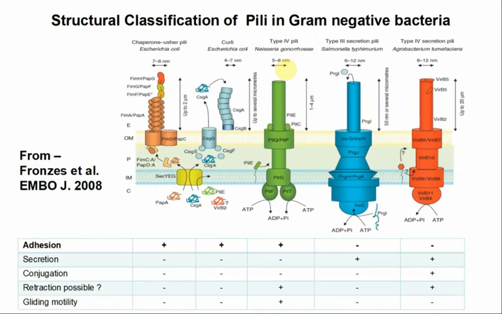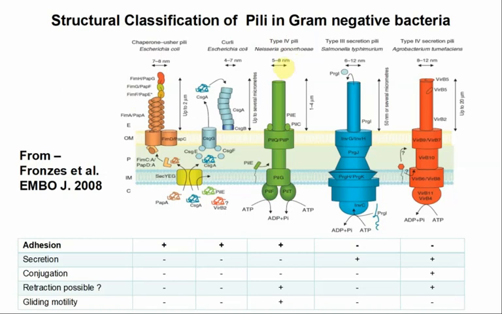Now, gram-positives have some pili, a bit like these two types, CU and curly. Something similar to this exists in gram-positives, but they're not really attached to the outer membrane. They're probably attached to the peptidoglycan directly. But they don't have type 3 and type 4. So that's why we have different types of classification.